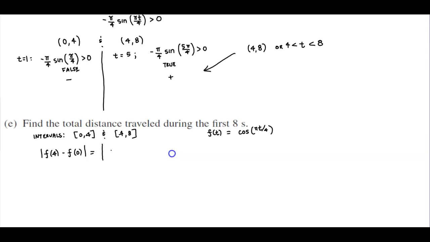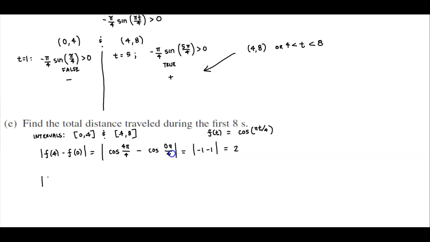So we want to take the cosine of 4 pi over 4, which becomes the cosine of pi, minus the cosine of 0 pi over 4, which ends up giving us the cosine of pi is negative 1 minus the cosine of 0, which is 1, which gives us negative 2, and the absolute value of negative 2 is 2.